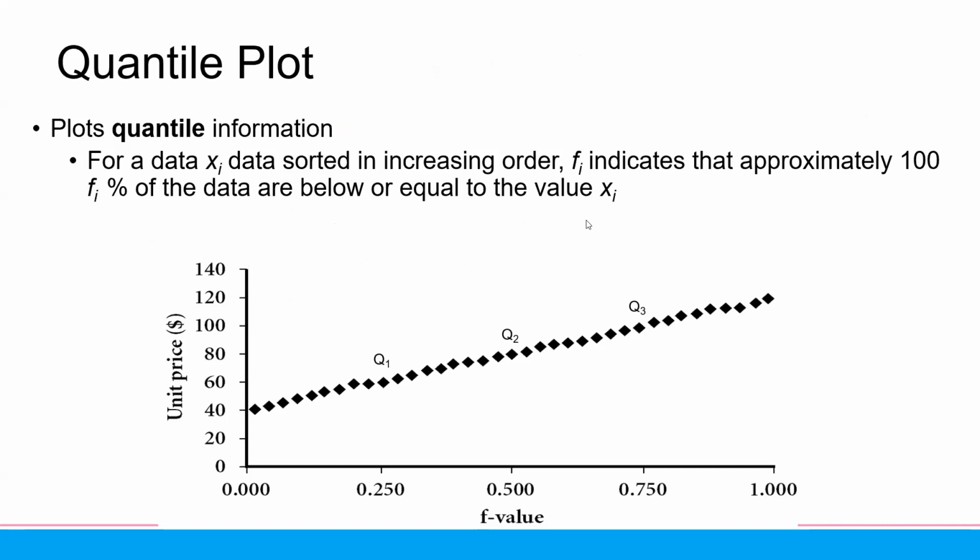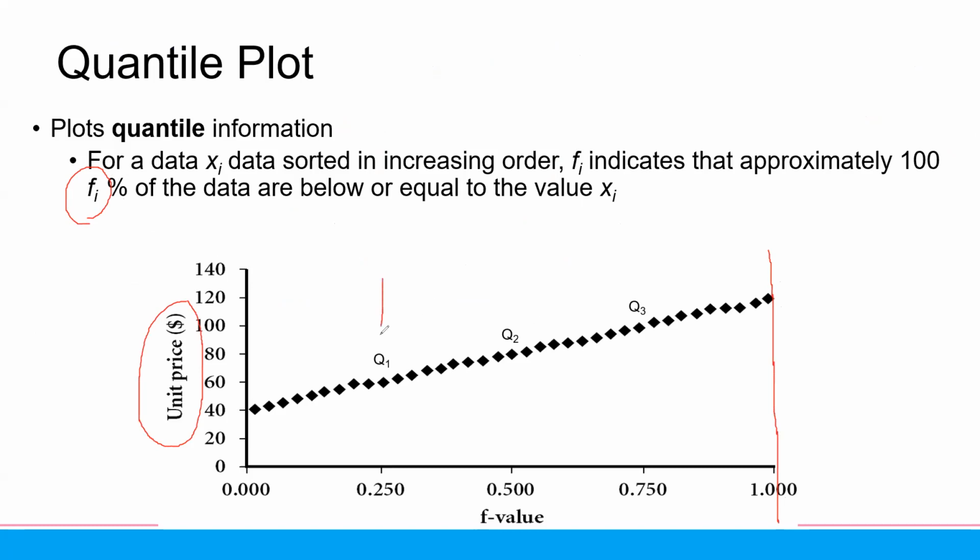So this is an example of the quantile plot. We have the unit price, let's say. This is the price. And then based on the F value, we can make the frequency, and based on the F value, this is the maximum, 100.